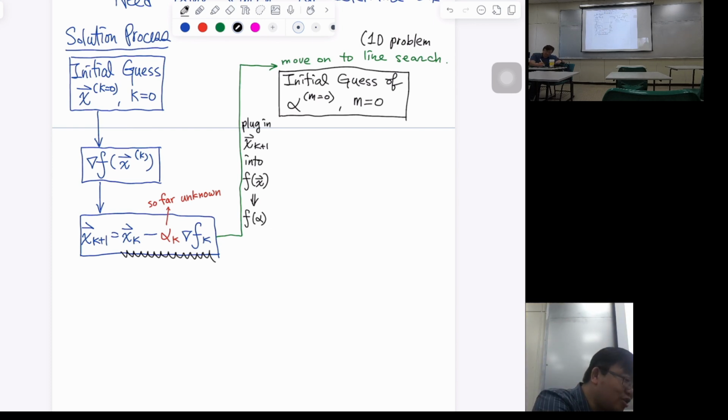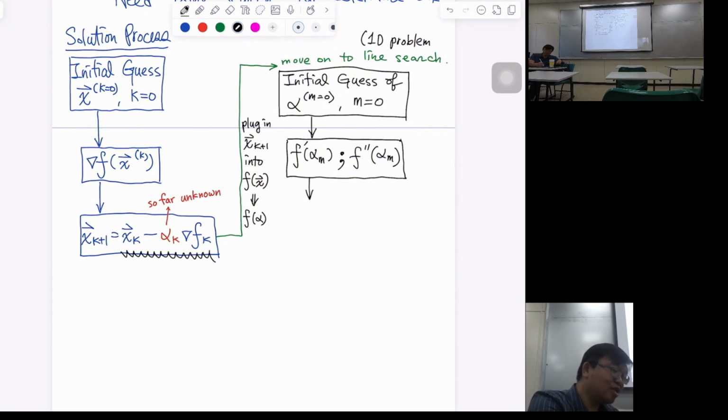So right here, you will be evaluating f of alpha at the mth guess of alpha. But not only that, you actually need to compute f prime and also f double prime at alpha m. So compute these two. Okay?